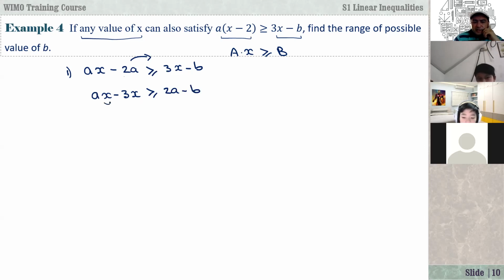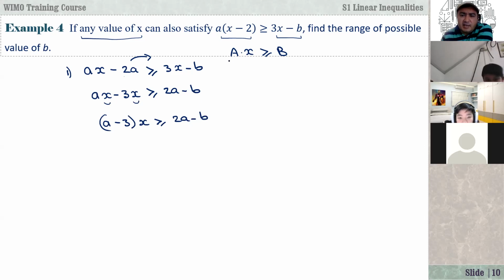Now, as you see, x is a common factor. If we take it out, we have (a minus 3) times x is greater than or equal to 2a minus b.